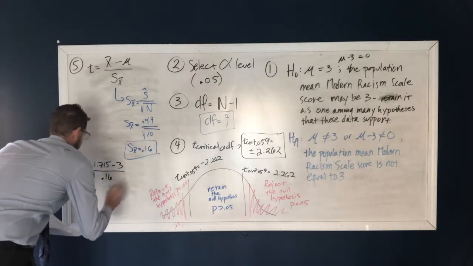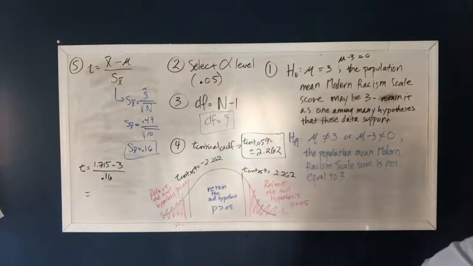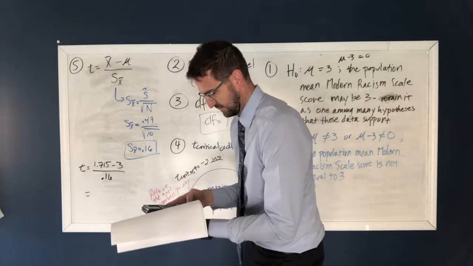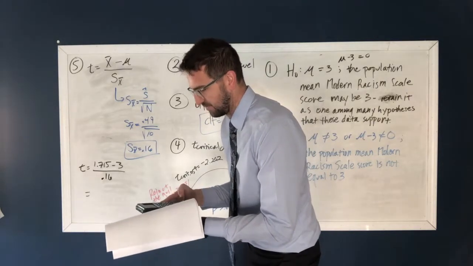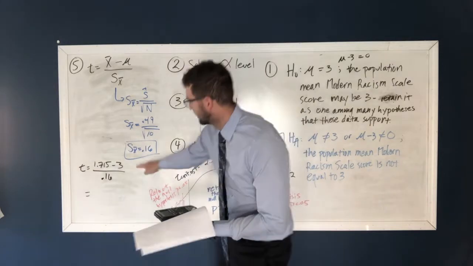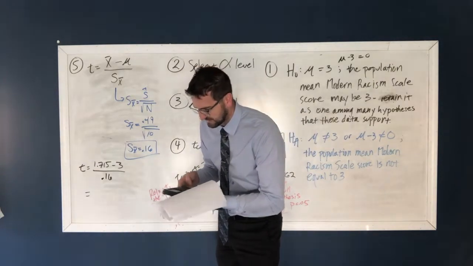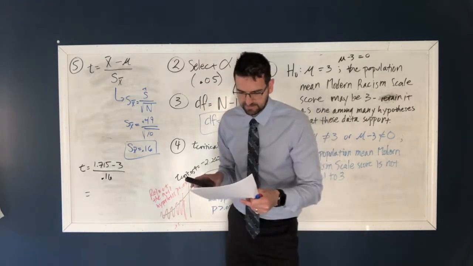Divided by 0.16. So as you can see, this equation is pretty nice. Not too difficult at all. Okay, 1.715 minus 3 is negative 1.285 divided by 0.16. You're going to get negative 8.